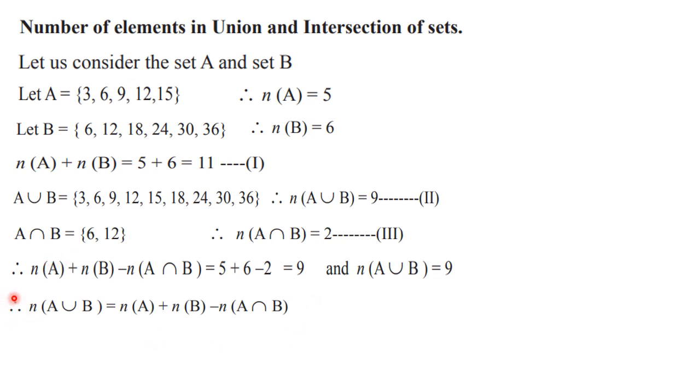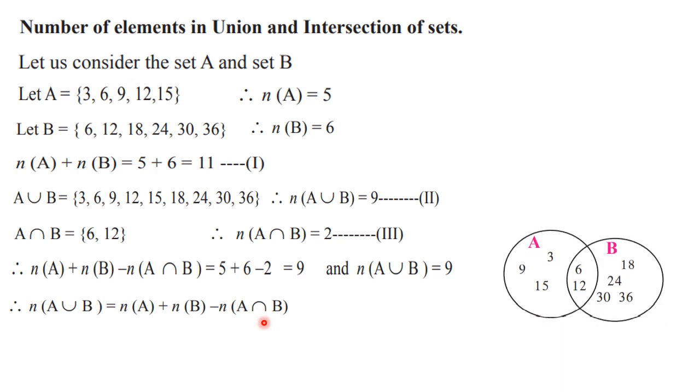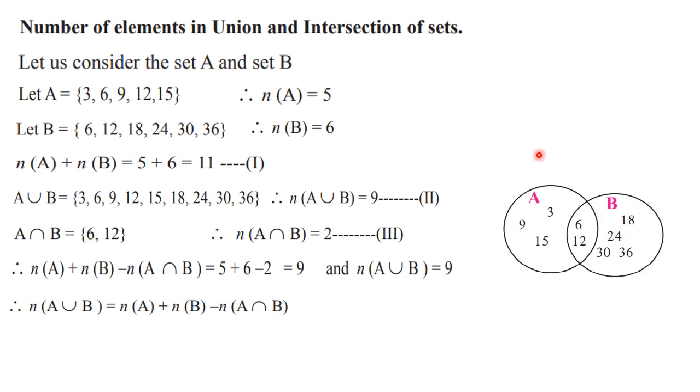We are going to use this formula for solving the word problems, and the problems which are based on the number of elements. So this formula you have to learn by heart immediately: n of A union B is equal to n of A plus n of B minus n of A intersection B. Let us see the Venn diagram.